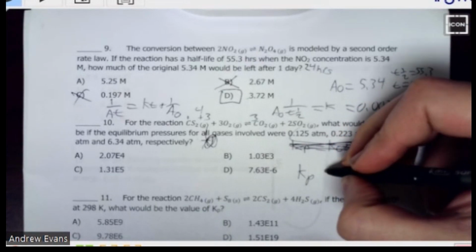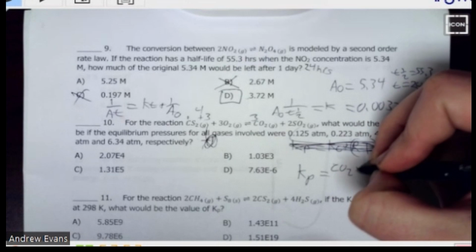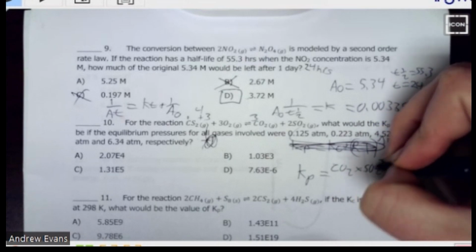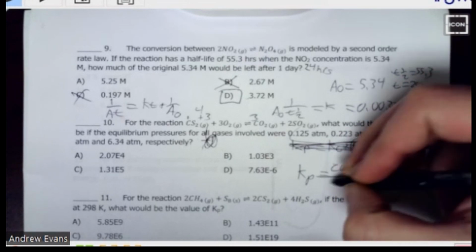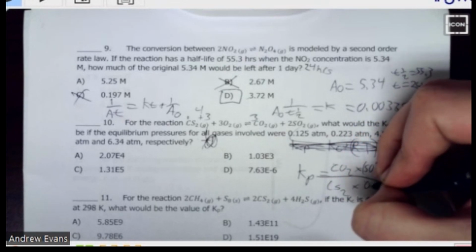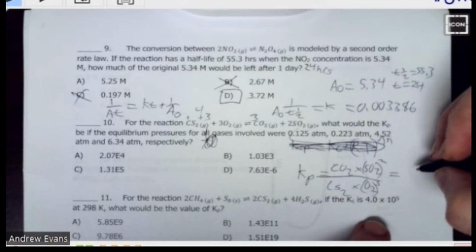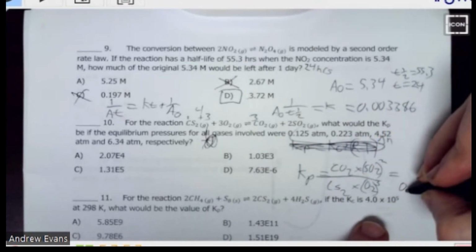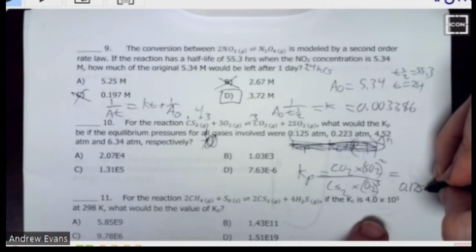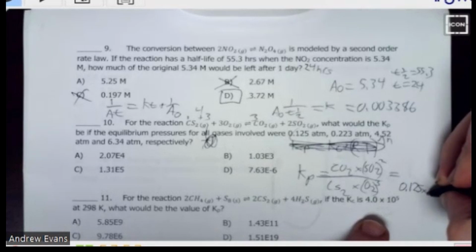Kp is CO2 times SO2 squared over CS2 times O2 cubed. So with all of our numbers, respectively in the order that they're initially stated, 0.223 cubed.